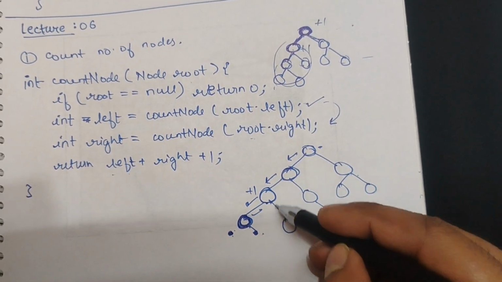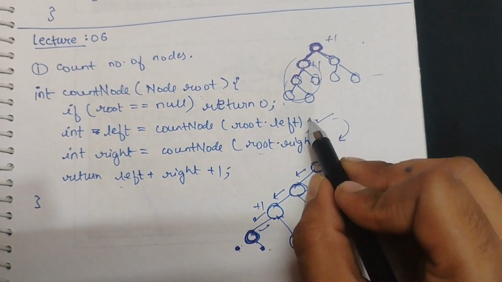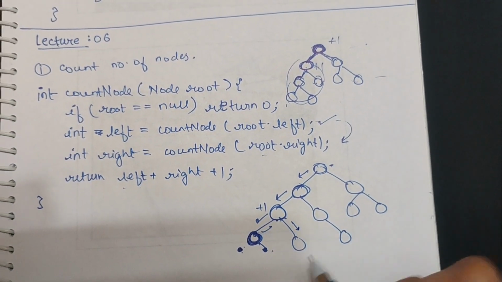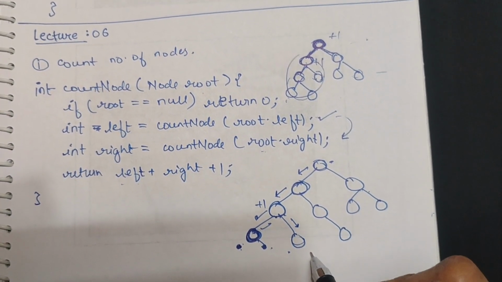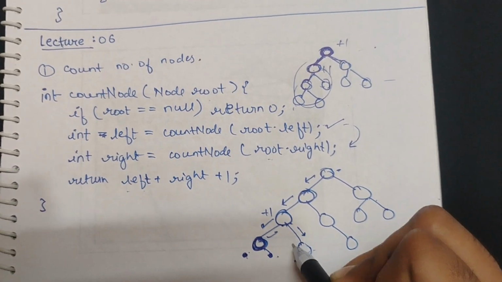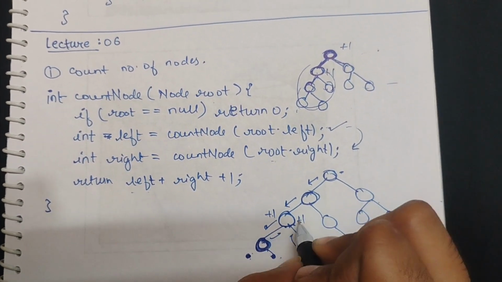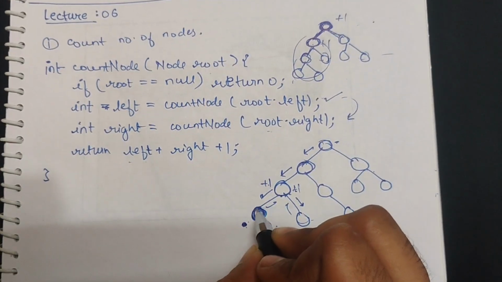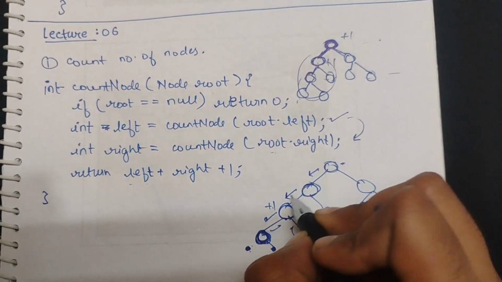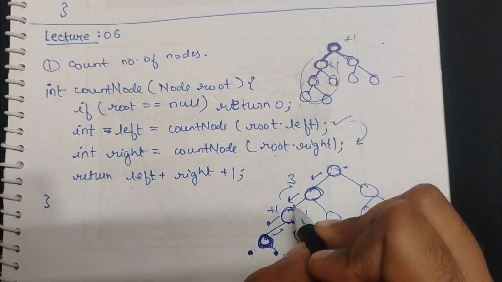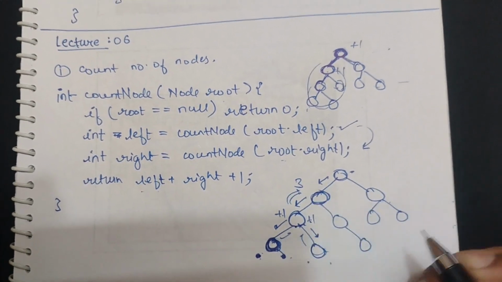Similarly for this node, it has 0 from left and right, +1, so it returns 1. 1 + 1 is 2, which is 1 from left, 1 from right, and +1, so it gets 3 from this node.